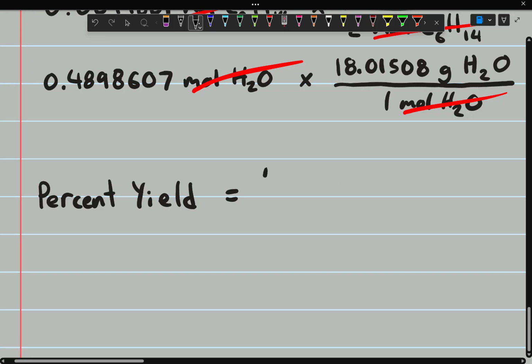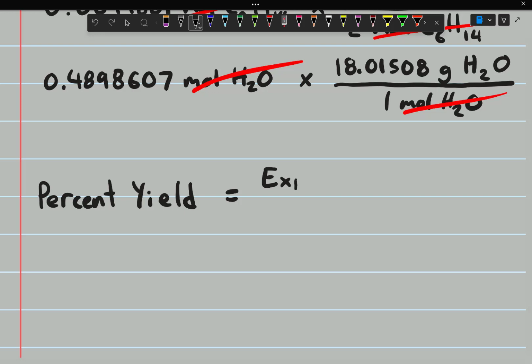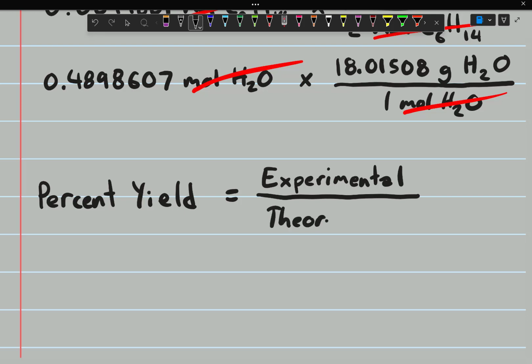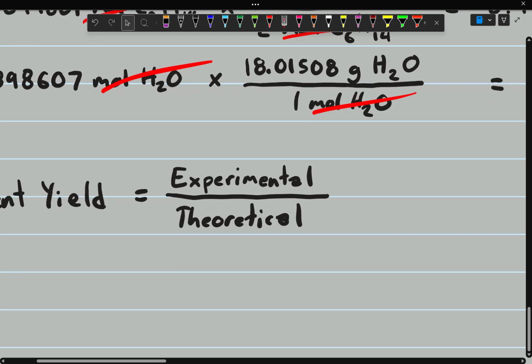Your post-lab is probably going to ask you to calculate the percent yield. So the percent yield is equal to the experimental yield divided by the theoretical yield multiplied by 100, which represents a percentage.